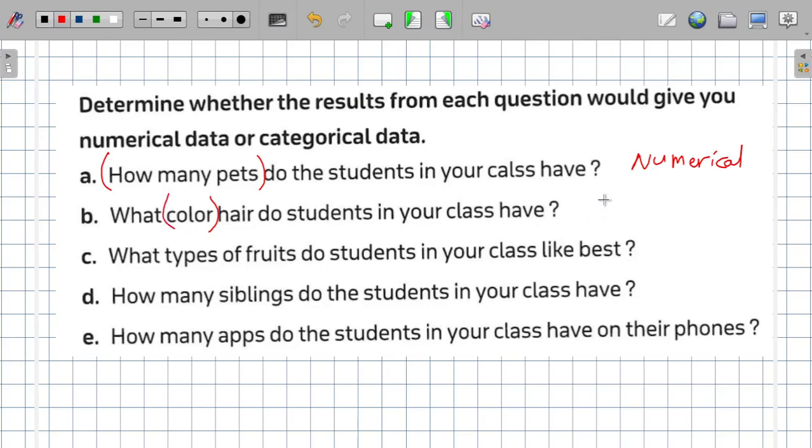So I think this question will be categorical data. Okay, next, what type of fruits do students in your class like best? Am I asking about things or numbers? I think it will be things because I'm asking about types of fruits. So I think it will also be categorical data.